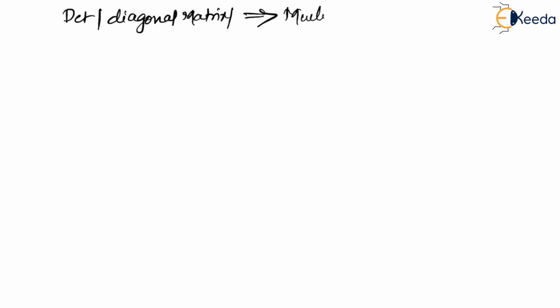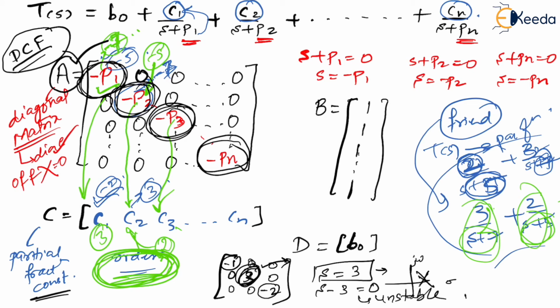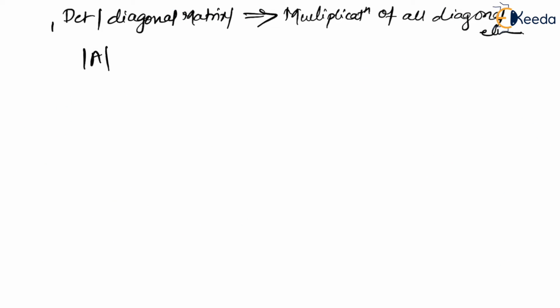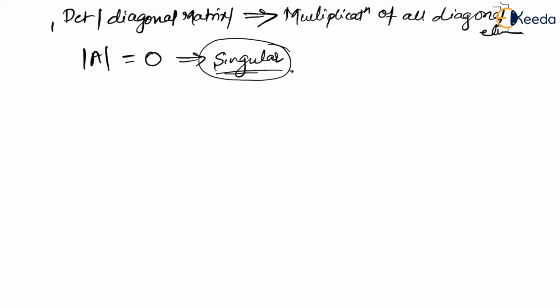Is it the multiplication of all the diagonal elements, right? Means if I find the determinant of A, and it comes out to be 0, I may call it a singular matrix, because whenever the determinant of any matrix is 0, we call that matrix singular.